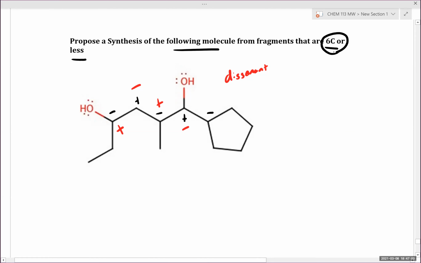And I would really try to identify what bond, when broken, would give us the simplest fragments. So, does anyone have a proposal? Which bond would we like to break? Or does anyone have a proposal that would require a functional group interconversion?